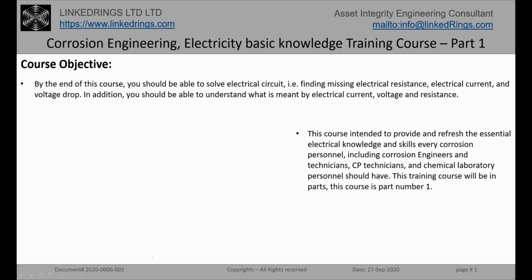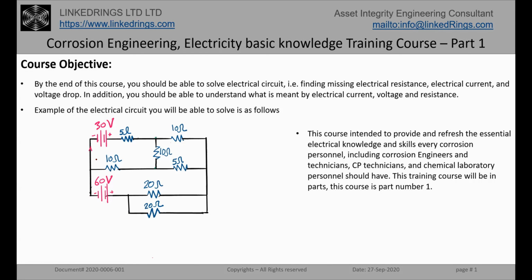By the end of this course, you will be able to solve electrical circuits, finding the missing electrical resistance, electrical current, and voltage drop. In addition, you should be able to understand what is meant by electrical current, voltage, and resistance. Here is an example of the electrical circuit you will be able to solve by the end of this course.